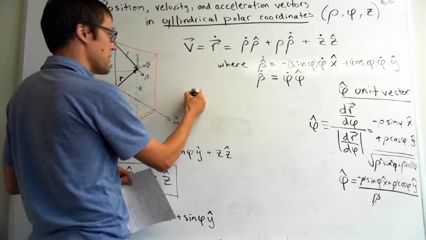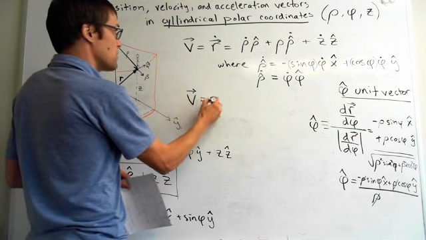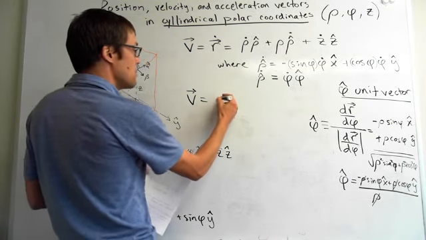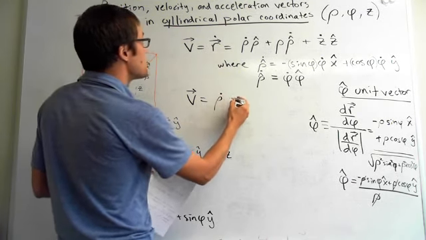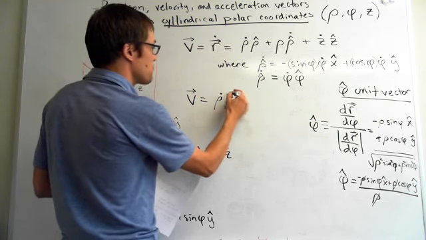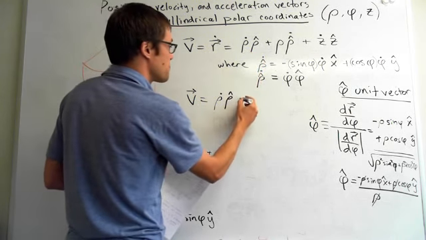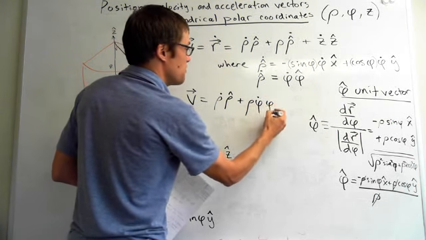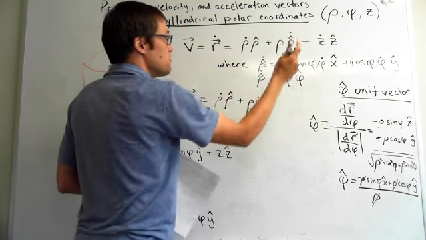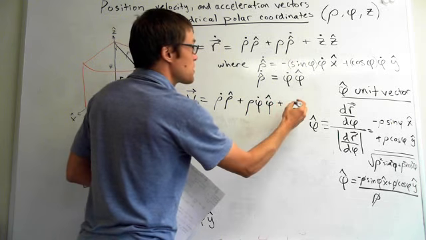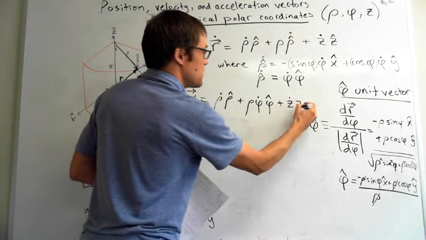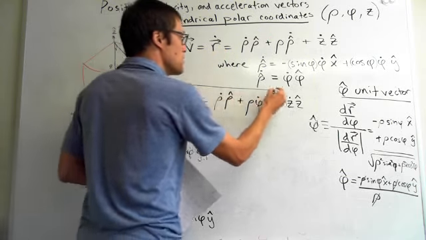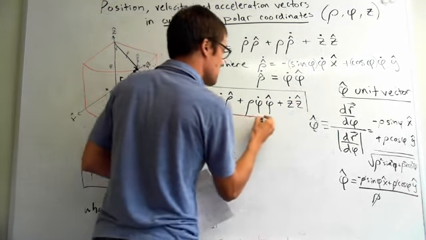All right, so there we have an expression for the velocity in these cylindrical polar coordinates. That's this term, rho dot rho hat, plus rho phi dot phi hat, that's this term, plus z dot z hat, that's that last term. So there is the velocity.